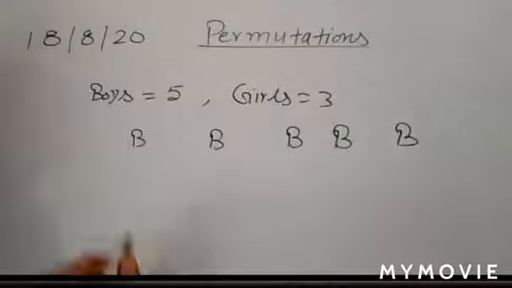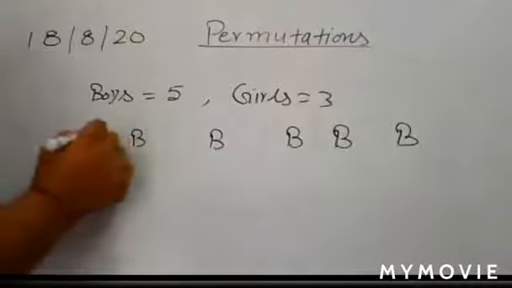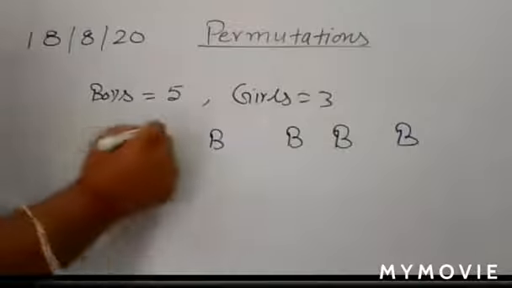So the 5 boys can be seated at 5 places in how many ways? Anyone? Factorial 5 ways. 120.